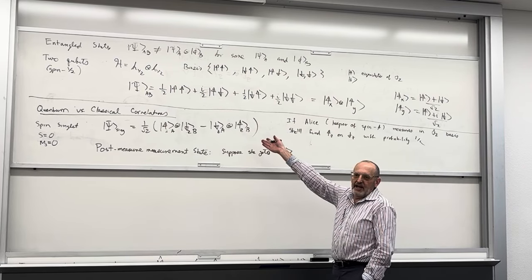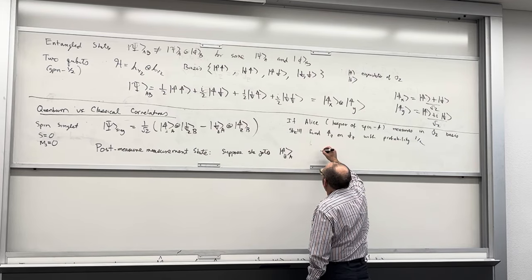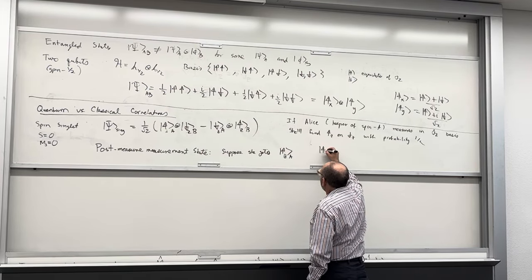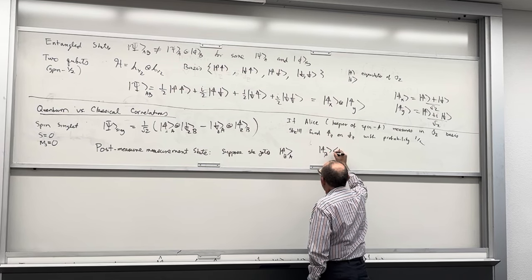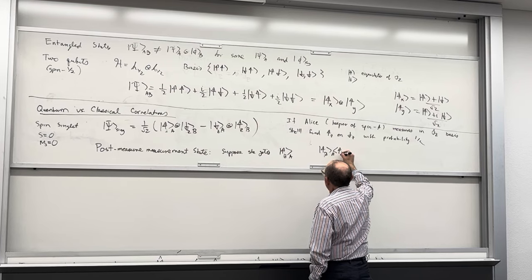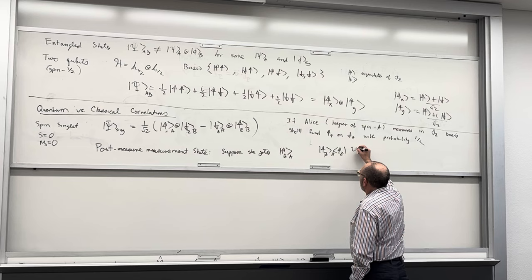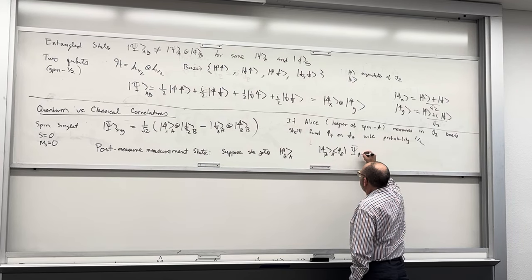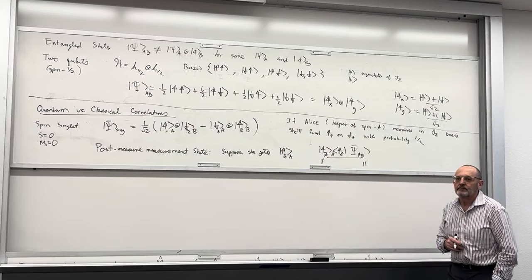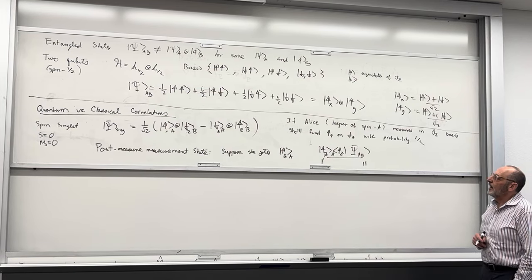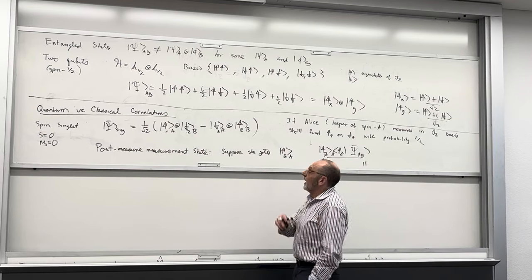Well, it's a projective measurement, right? So I'm only measuring on my subsystem. I'm Alice. This is my projector. I project onto that state, and then I renormalize. Okay. And when I do that, what I see is what?